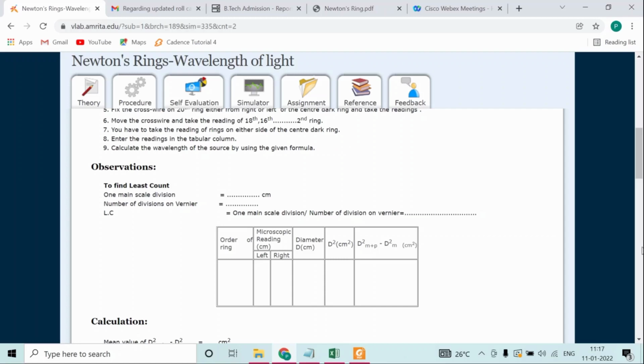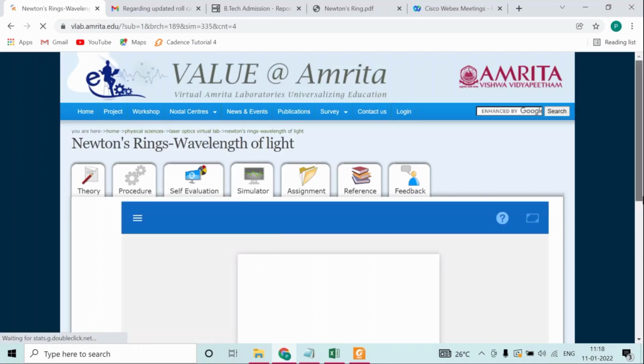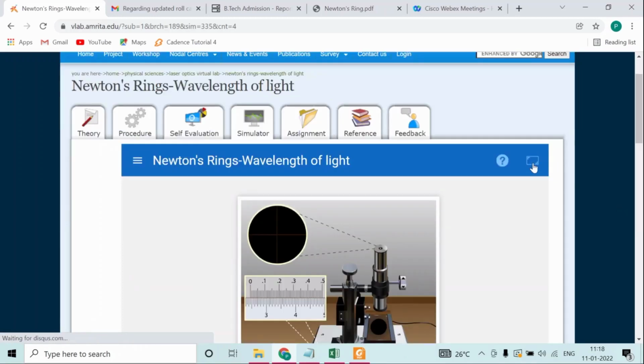That difference will again give me the diameter. I will take the square of the diameter. Ultimately, I will take the difference between the squares of the diameters of those two rings. One by one we will see how to evaluate. You just have to note down the readings.